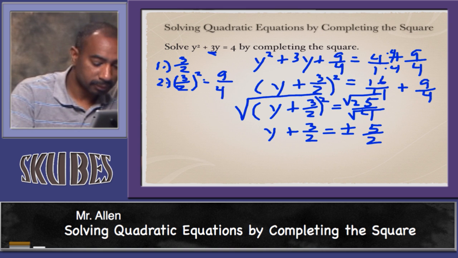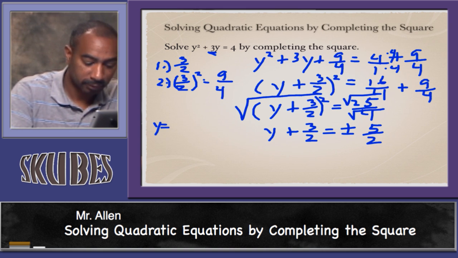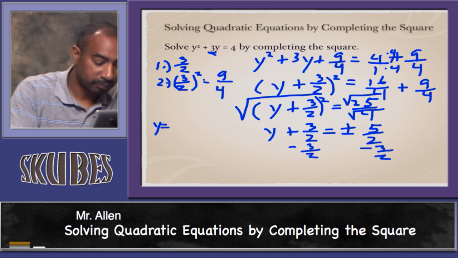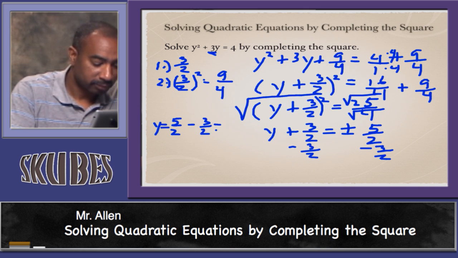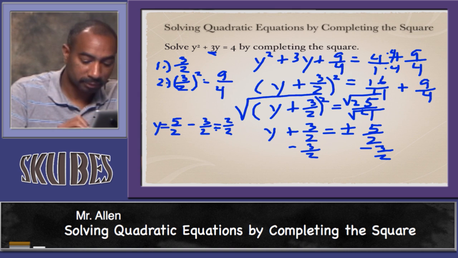So y is going to equal, you're going to subtract 3 halves to both sides. So y could be 5 halves minus 3 halves. 5 minus 3 is 2. 2 over 2 is 1.